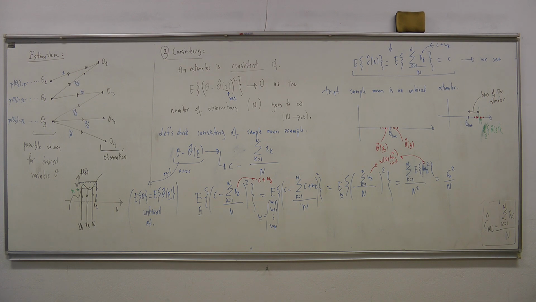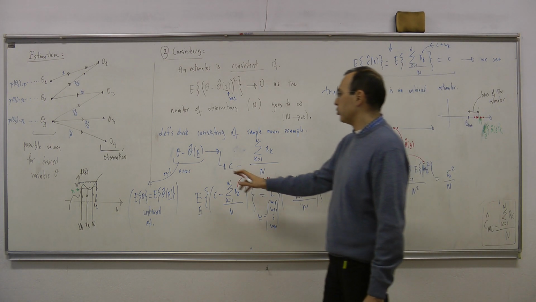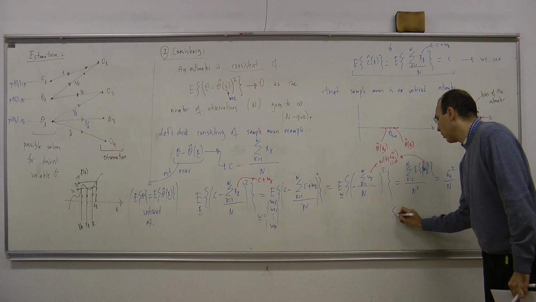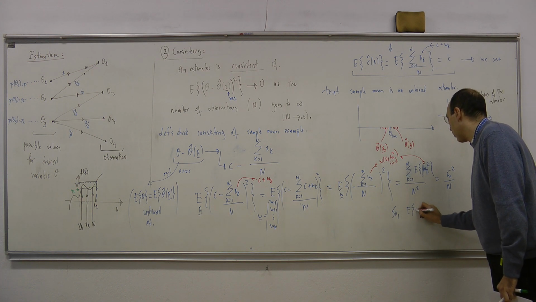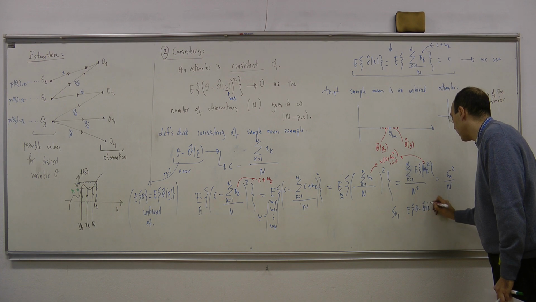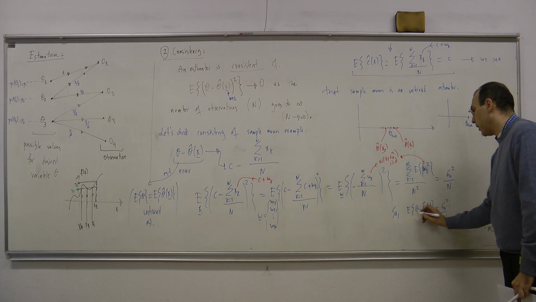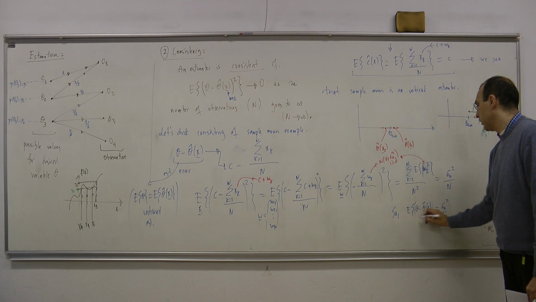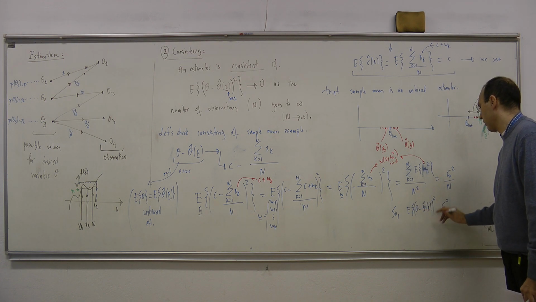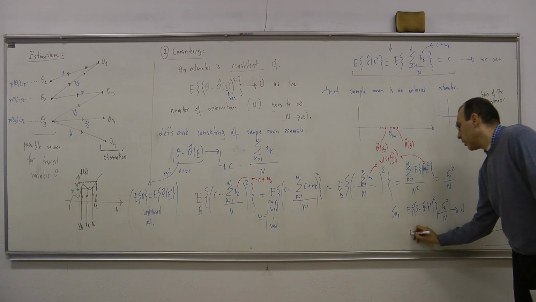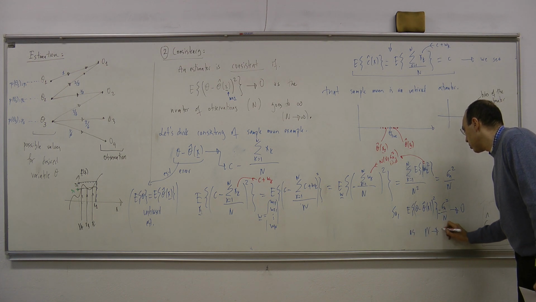So I have managed to calculate this. The expected value of (theta minus theta hat) squared is equal to sigma n squared over n, which goes to 0 as n goes to infinity.